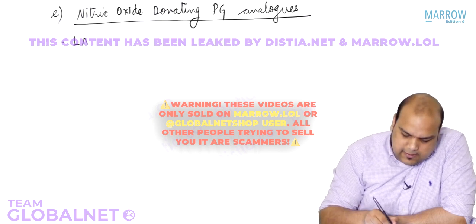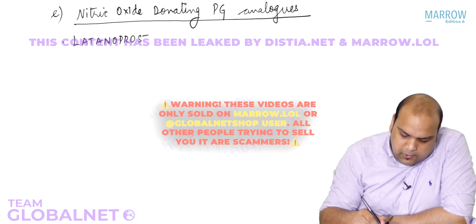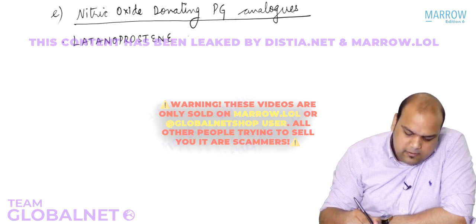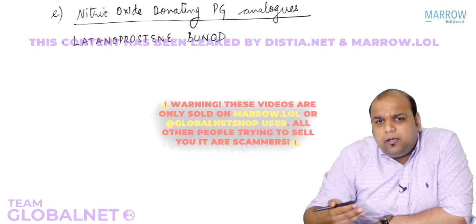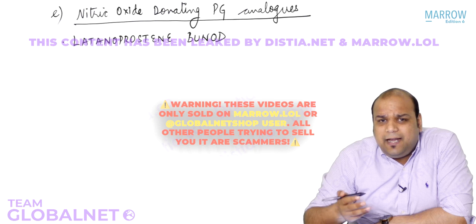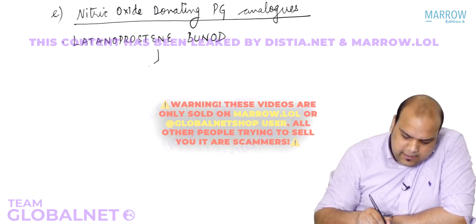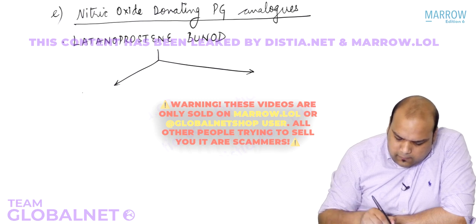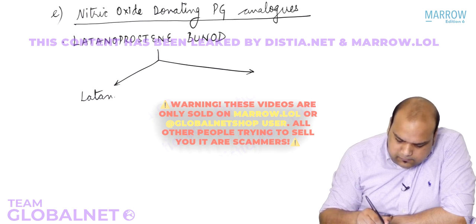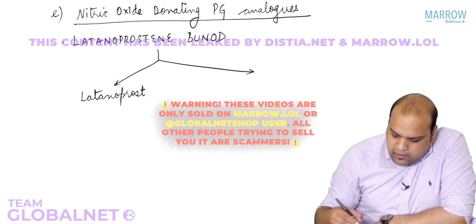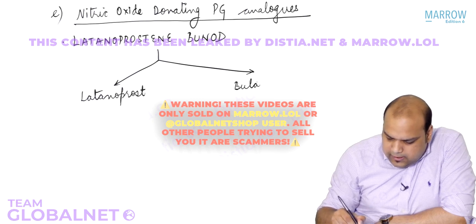The name of the drug is latanoprostene bunod. Latanoprostene bunod. As you can see from the name, it is a latanoprost molecule only. Yes, latanoprostene bunod, when administered, gets broken into obviously latanoprost, also butanediol.